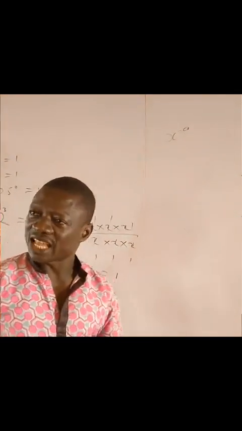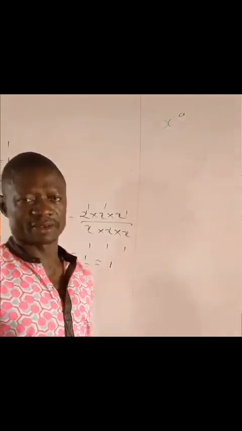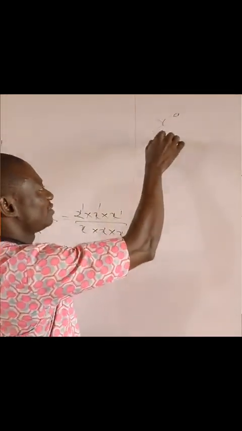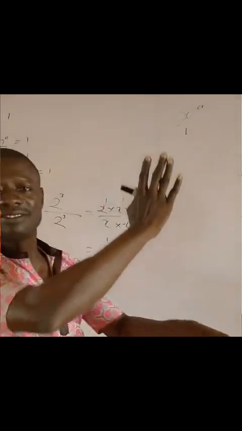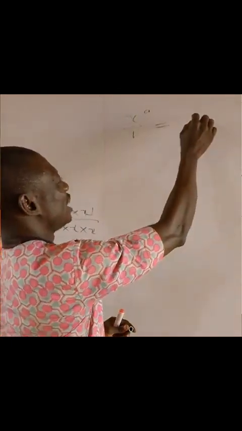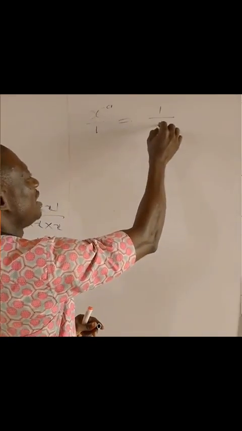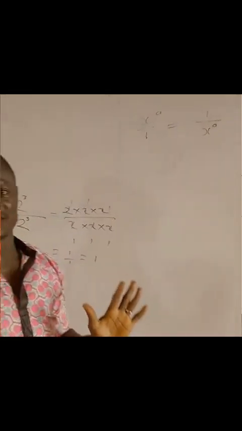Every whole number can be written over 1. When you write that over 1, you can just turn it. If you turn it, mathematics is saying that it will change to become positive instantly, so the negative sign will vanish.